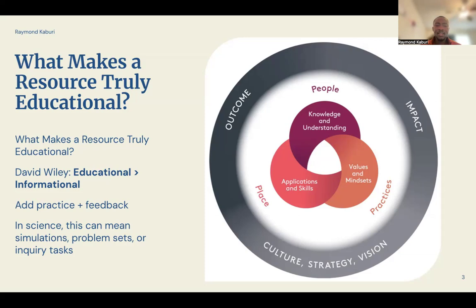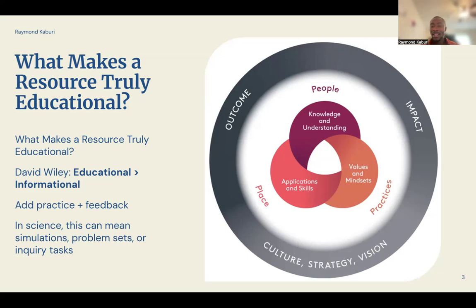And in the science classroom, it means simulation, it means problem sets, or it also means inquiry tasks. Last week in our module one, we looked at simulations by the use of Physics Educational Technology. We talked about how these are all kinds of educational technology tools that are used. And now there's AI that can help you create some kind of diagram that you can use in teaching.